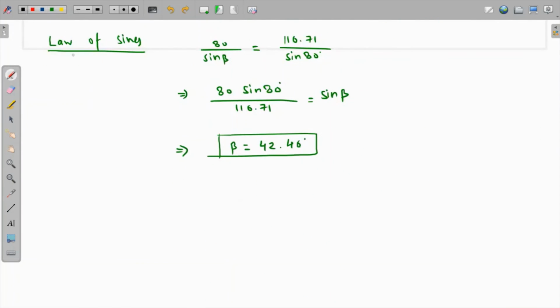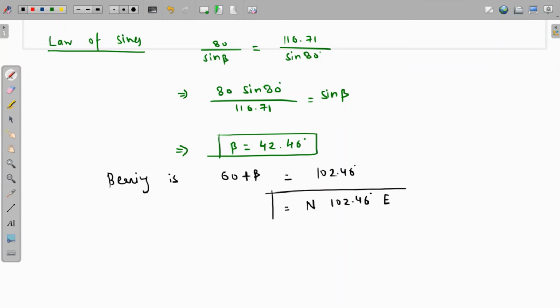So we will answer that the bearing is 60 plus beta, which is nothing but 102.46 degrees, and this is east. This is east of north, so it is written as north 102.46 degrees east. Thank you.